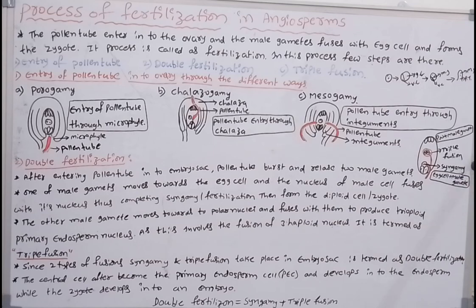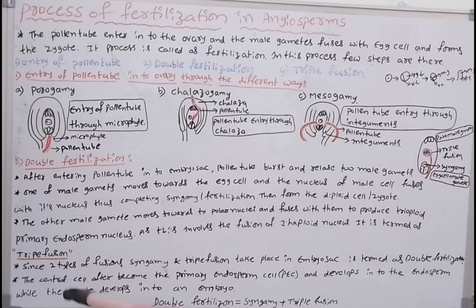This is the first fertilization. And the polar nuclei plus another male gamete fuse and form the primary endosperm nucleus. This is the second fertilization. These two fertilizations, syngamy and triple fusion, occur in the embryo sac. That's why it is termed double fertilization.